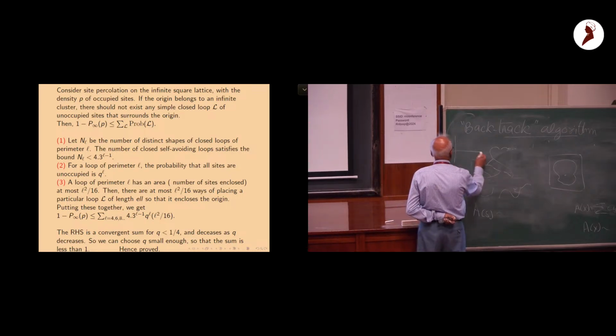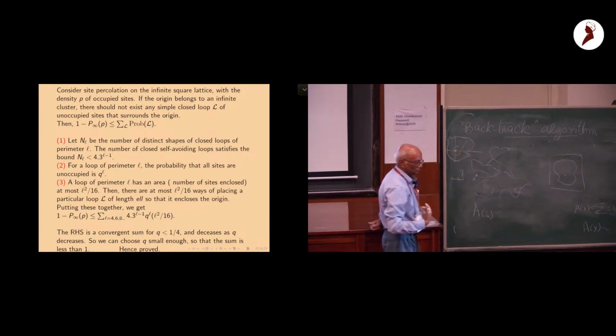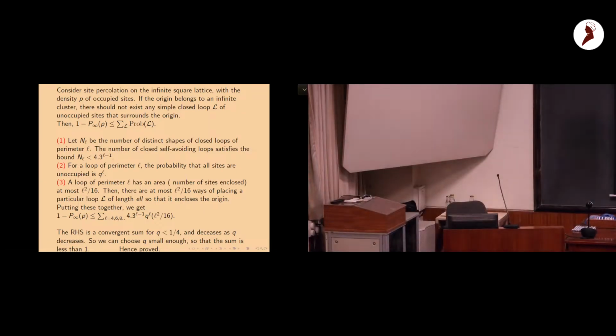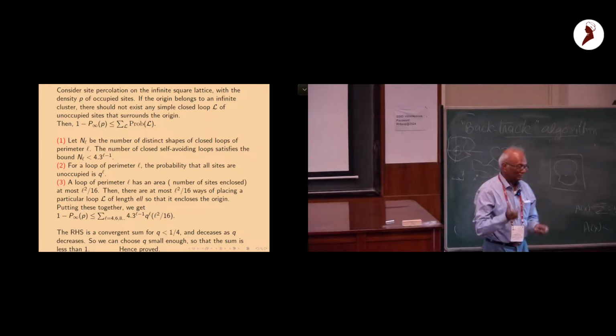Okay, so here is my system, this is the origin. These sites are unoccupied. There is more than one closed loop, but I will overcount, it doesn't matter. I am just giving an upper bound on the number of such clusters and a lower bound on the number of the opposite type, of course. So, okay.